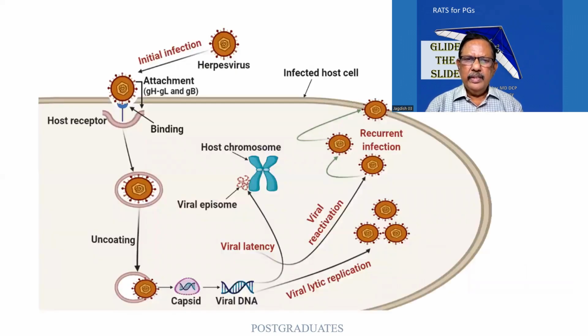So this is the general mode by which a virus multiplies. It cannot multiply on its own, though it is devastating, including our cytomegalovirus or anything. So this is a herpes virus. Initially, there is an attachment to the human cell. There is a host receptor, and it goes inside. And what happens is it makes use of the host tissue to form a cell membrane.